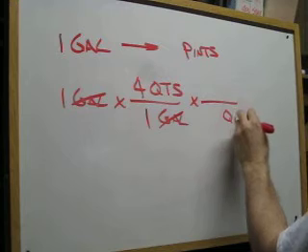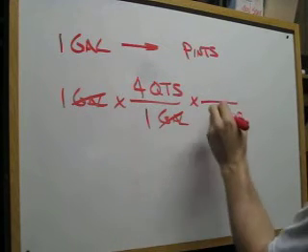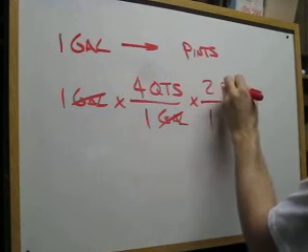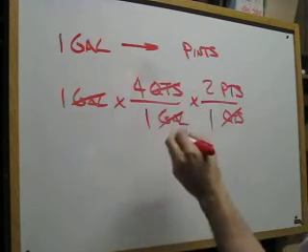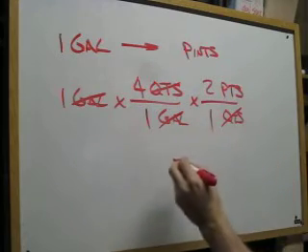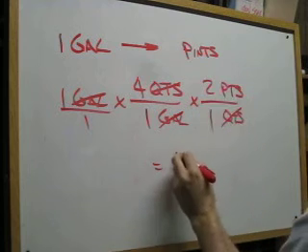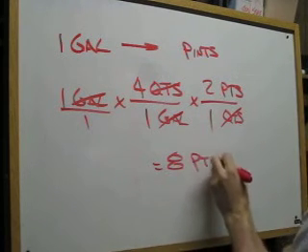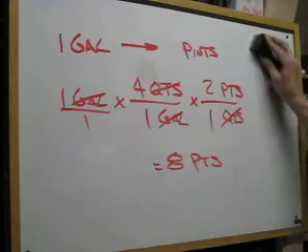Quarts goes on the bottom, so we can cancel. Let's see if we can know anything about quarts and pints. There's 1 quart for every 2 pints. So I can cancel that, and pints is what we're looking for, so I know I'm done. So that's over 1. So 1 times 4 times 2 is 8, and 8 pints. So volume is not too bad.